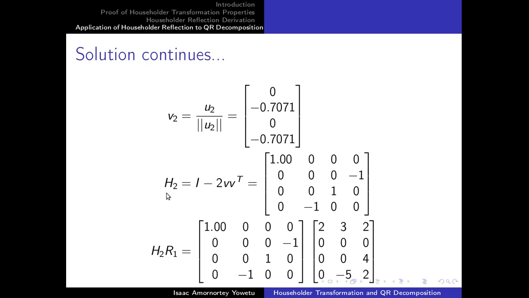We substitute it into our H formula, or the householder matrix formula, and it gives us our H2 formula nice here.